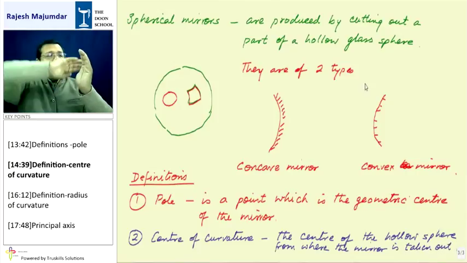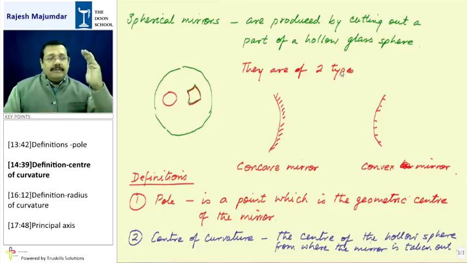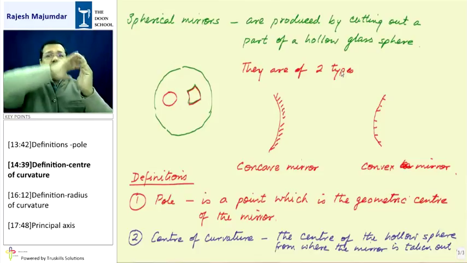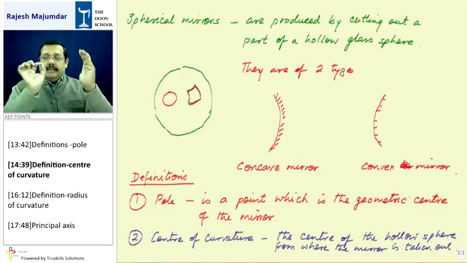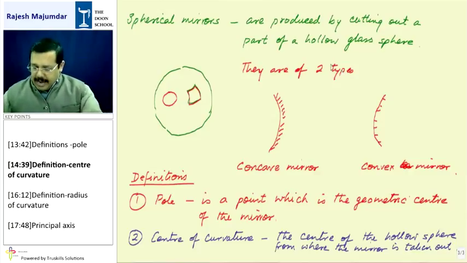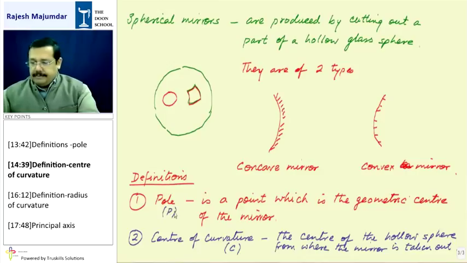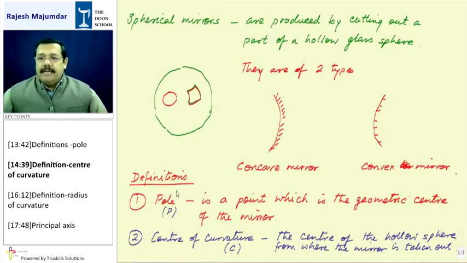Now, if the mirror is a part of a big circle, or rather big sphere, since I told you this part is taken out and it becomes a mirror. Now, this belongs to a big sphere. The center of that sphere is called the center of curvature. And this is denoted by capital C. Pole is denoted by capital P.